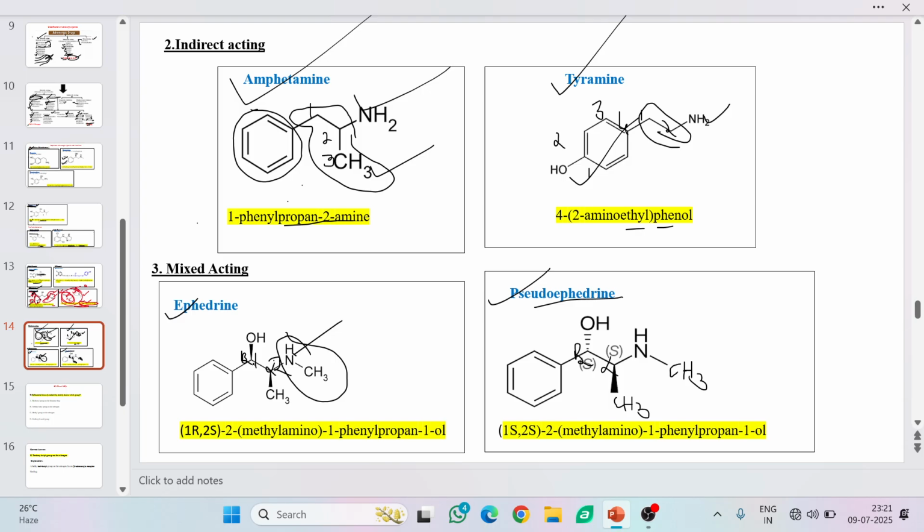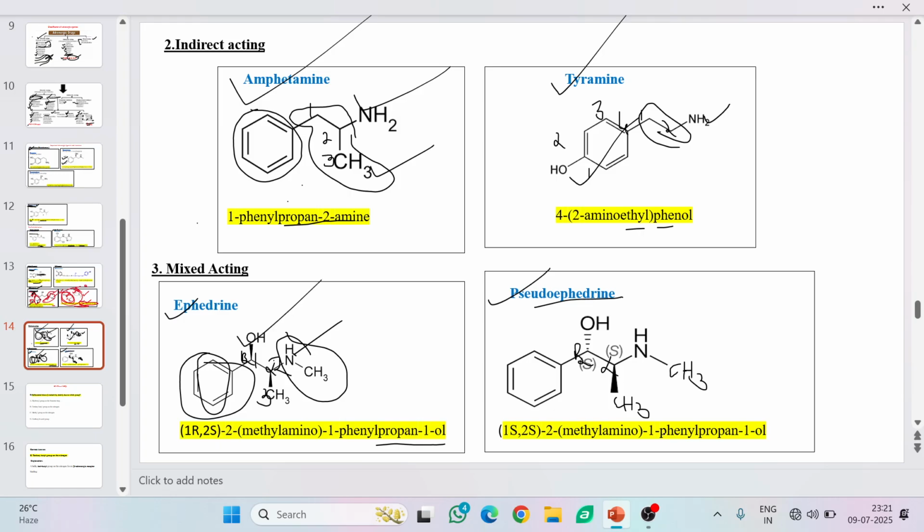Then 1 phenyl. This is one. This group is phenyl. Okay, one phenyl, propan one ol. One, two and this carbon we will call the third carbon. So propan one ol. Okay, this is collectively called a propan, and this is one ol.